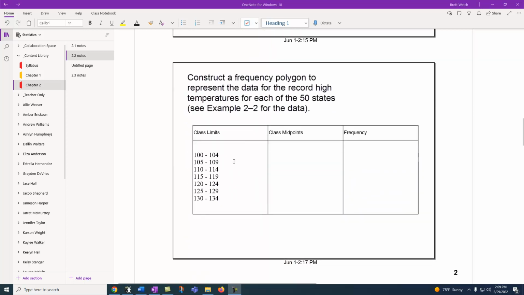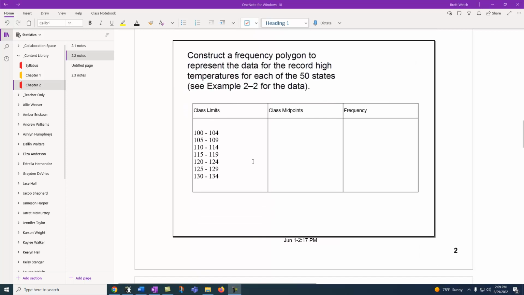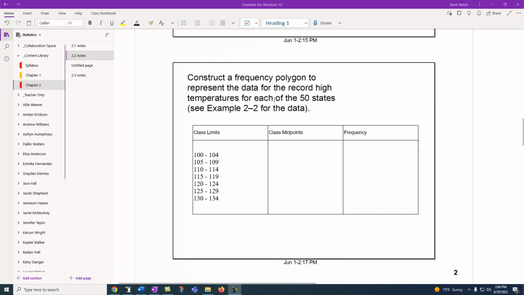If we go back to the data for the 50 states, I'm going to go ahead and help build this. It's actually in the textbook if you want to look, in example 2.2, and you can find the frequency polygon example on page 53. We'll write these numbers down. First, we have to know the midpoint for each class.